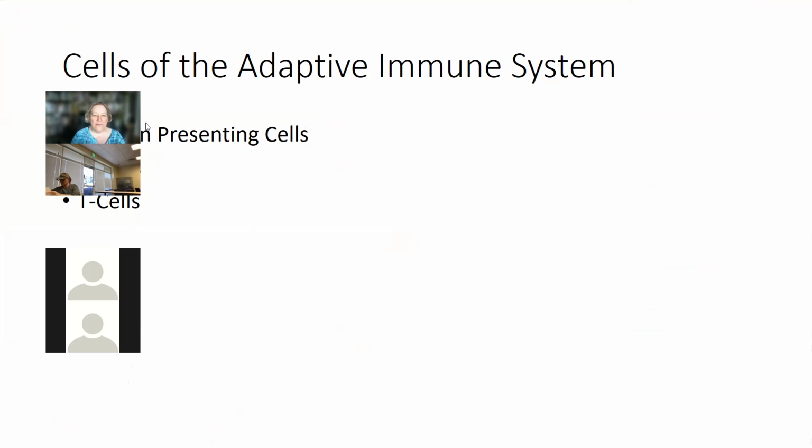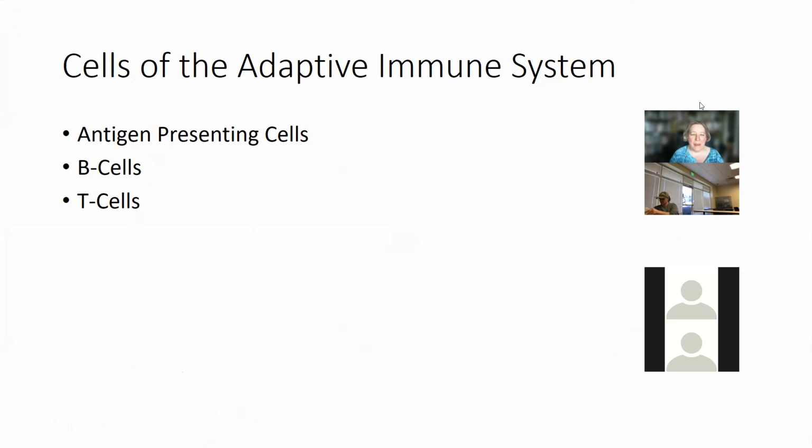Okay, so first off, we're going to talk about the cells of the adaptive immune system. Okay. Now I have antigen presenting cells listed because some of them are a part of the adaptive immune system. Some of them come over from the innate immune system, but they're all important to the adaptive immune system.